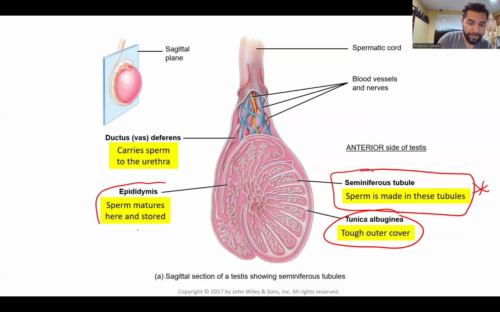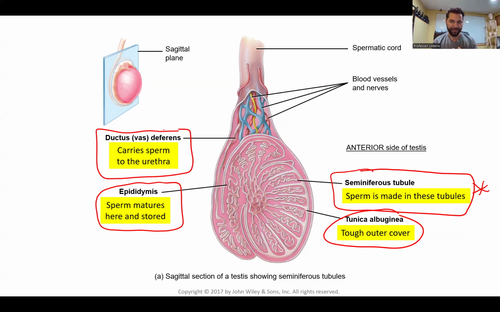Once they are produced, they go to the epididymis, where those sperm kind of chill out. They get stored, they mature here, they learn how to swim, and when necessary, these sperm will exit through the vas deferens or ductus deferens during ejaculation when necessary for sexual reproduction.